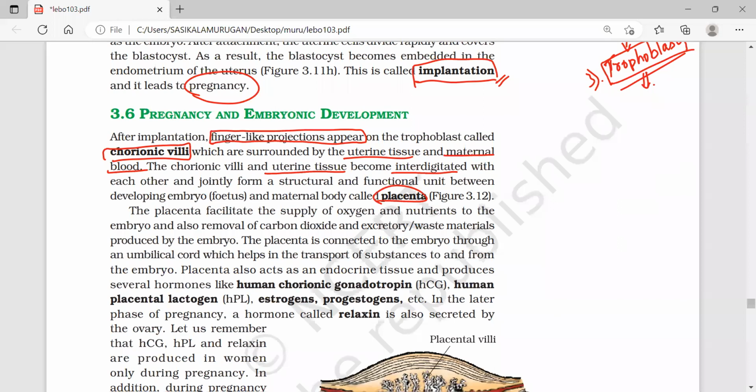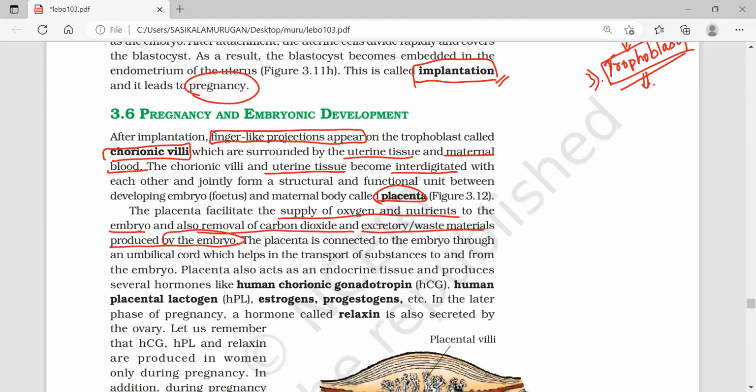So this is the structure where the developing embryo and maternal body come together and form a structure called the placenta, right? The placenta plays a very important role. It facilitates the supply of oxygen and nutrients to the embryo, and also the removal of carbon dioxide and excretory waste materials produced by the embryo. This is a very important role of the placenta, actually the primary role.